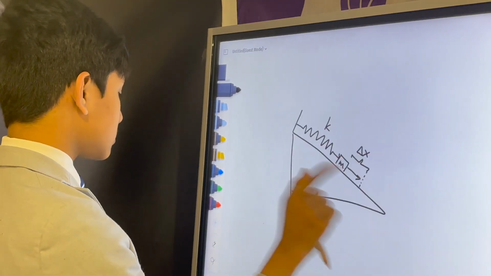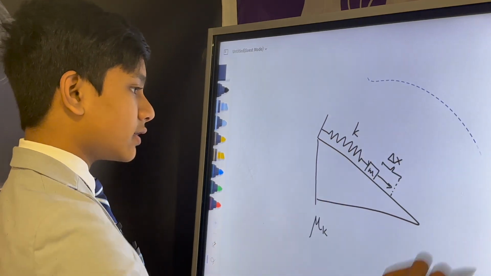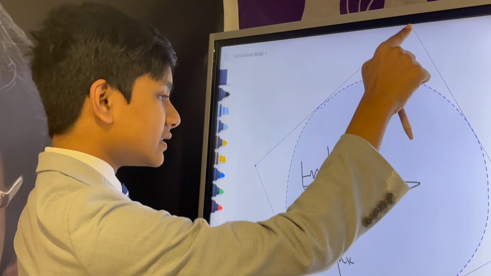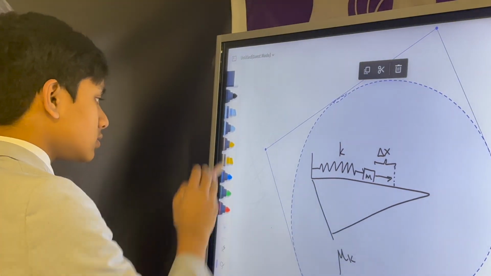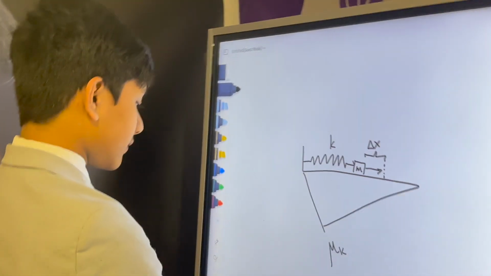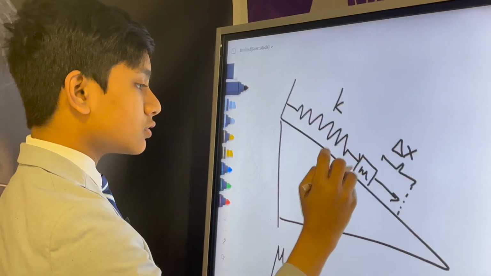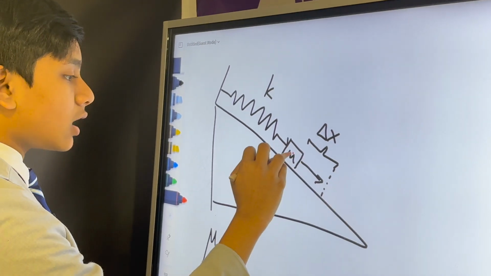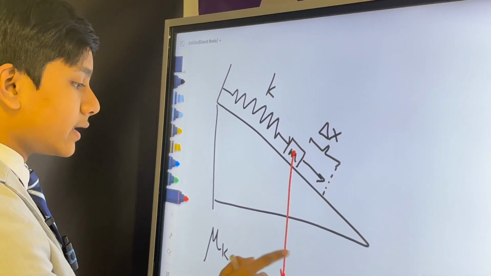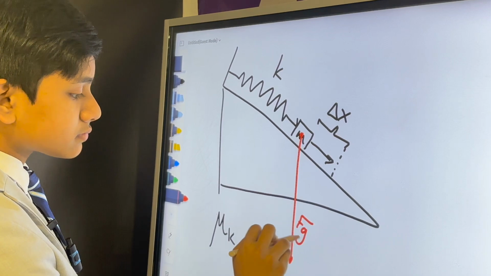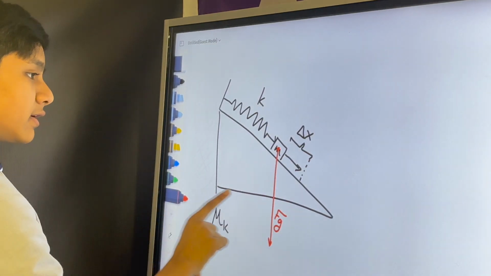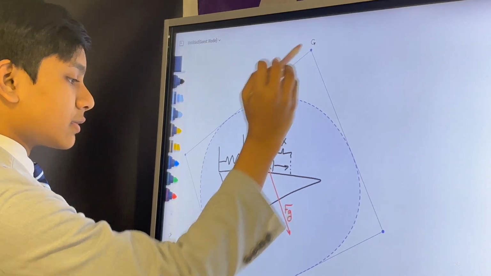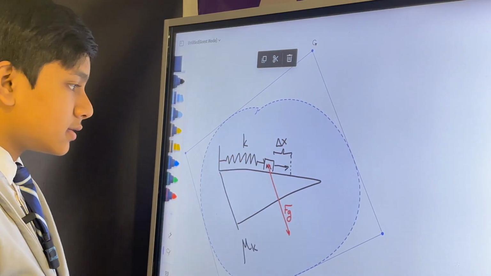So what we can do is rotate our reference frame just like this, in a very specific way. You'll notice that right now gravity is acting on this object in a particular way right here. Now if I change my frame of reference, it's going to be acting this way.